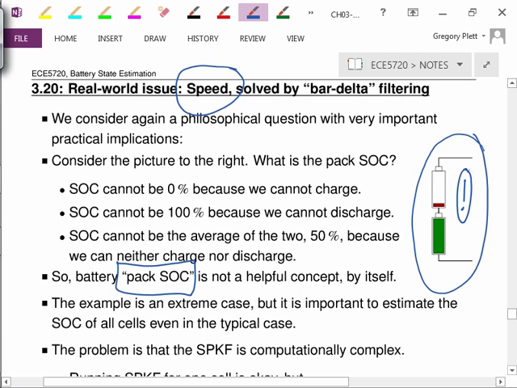But in reality, there is going to be some difference between states of charge of all the cells, and it is important to estimate the state of charge of every cell in a battery pack, at least to help with balancing, but also for computing available energy and power and so forth. So there's really good reasons to estimate state of charge for every cell, even in the typical case, and the typical case is that all states of charge are fairly close to each other.